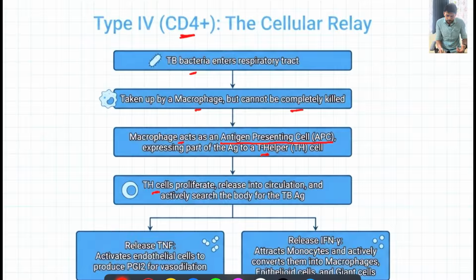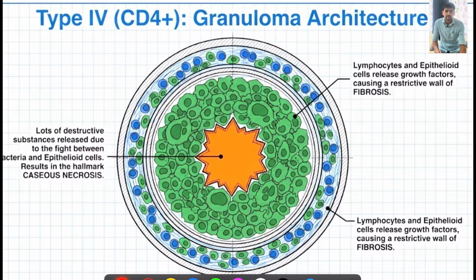The helper T cells start proliferating and release numerous chemicals leading to complete destruction of the antigens. In this process, they release TNF, tumor necrosis factor, and interferon gamma. All these attract numerous monocytes and endothelial cells, and they produce chemicals such as prostaglandins. At the end, they result in the destruction of the antigen.